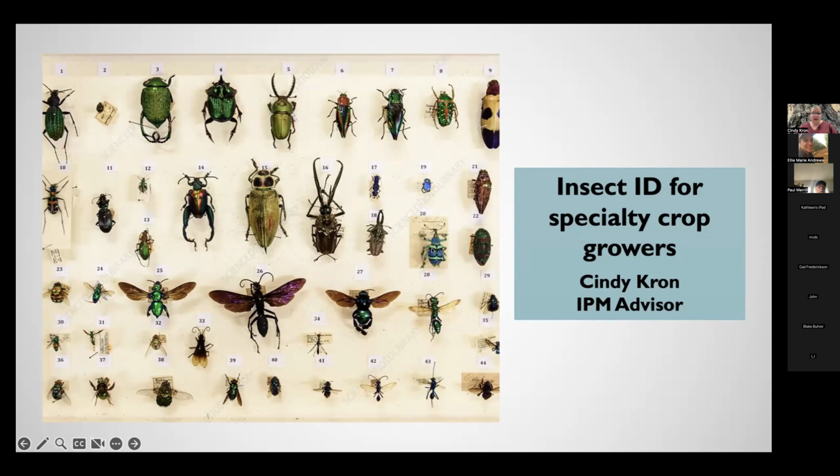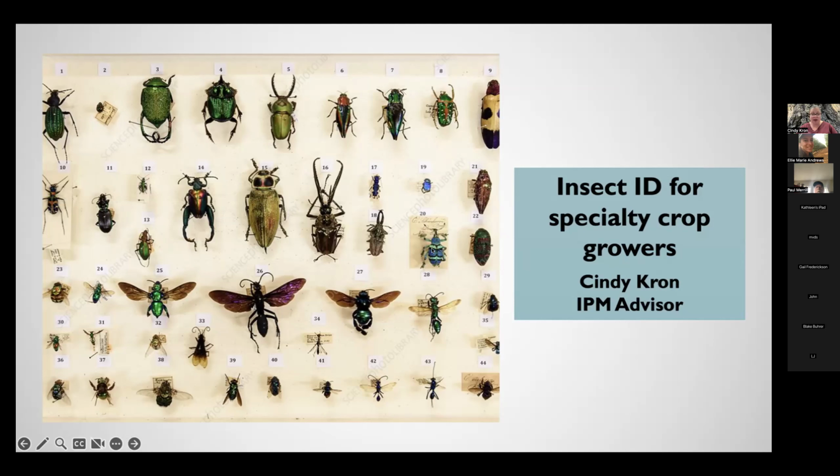I do not use any apps. No, I don't even know of any of them. I have apps for weeds, to identify weed species out in the field, because weeds is not my area, right? I know there are apps out there, but I don't use any, and I don't know of any that I can recommend.